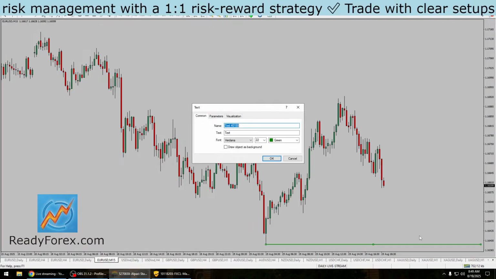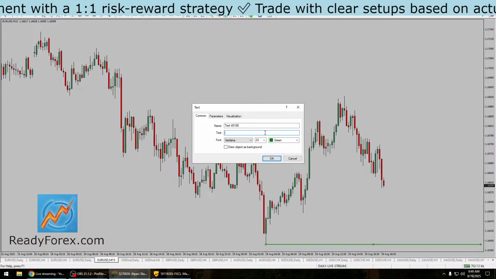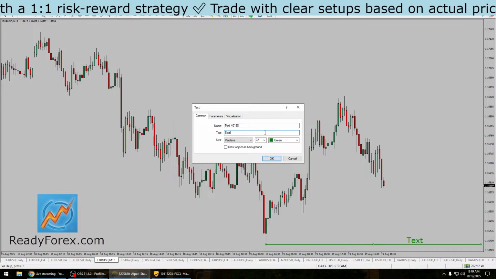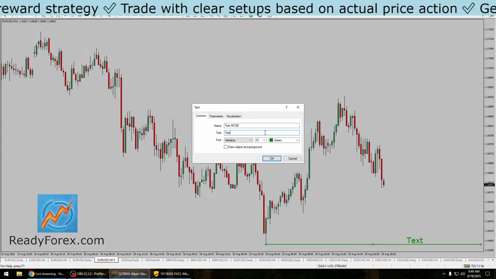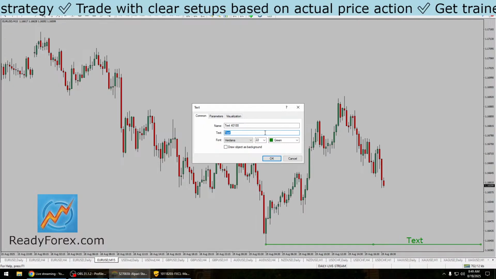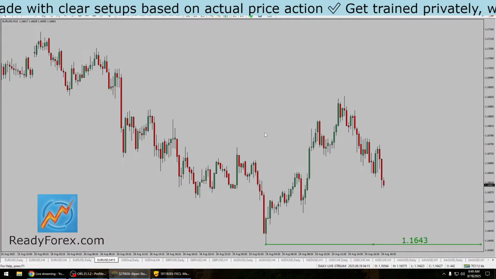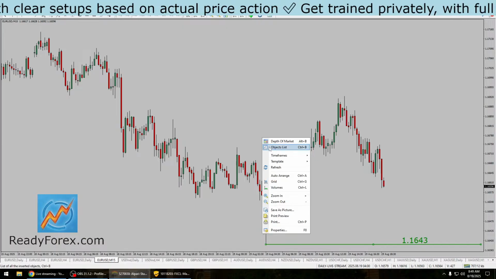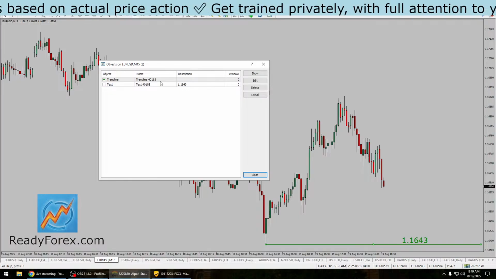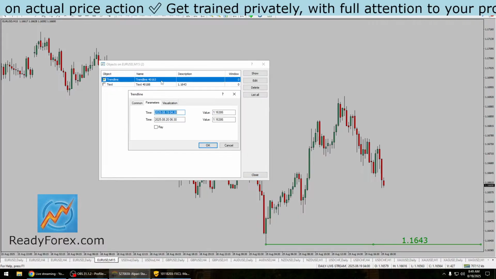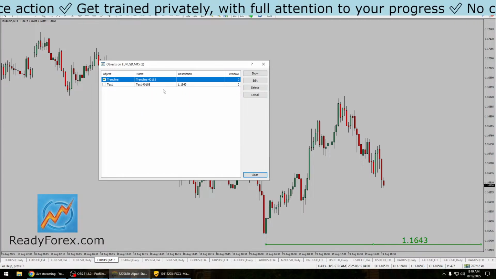Okay. Now market is falling down, and if we do get a bearish breakdown below 1.1643, let me go to the object list again. So the trend line value is 1.1638, not 3.